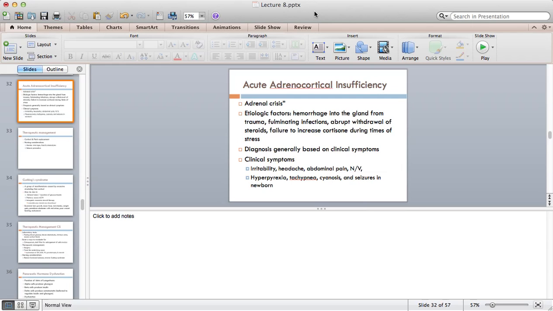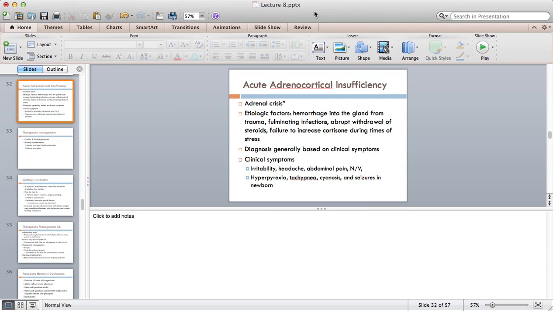Okay. Again, what we would like to do is give cortisol and fluid replacement, monitor their vital signs, and put in place seizure precautions for the child.